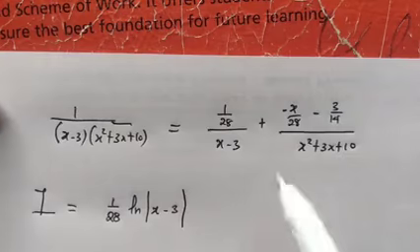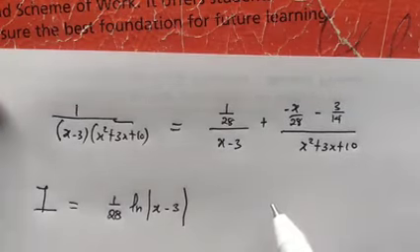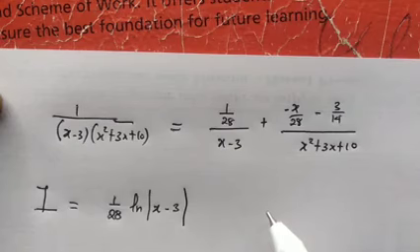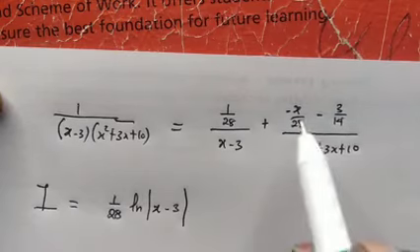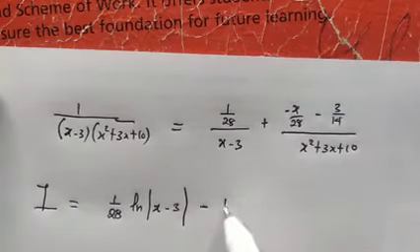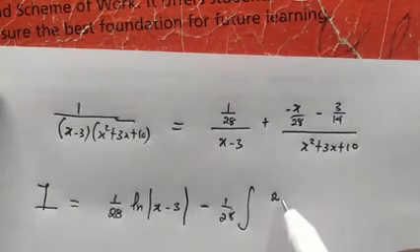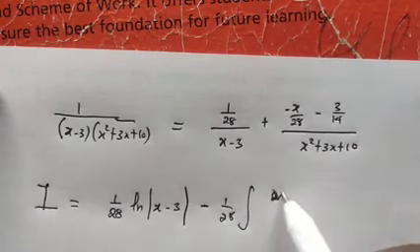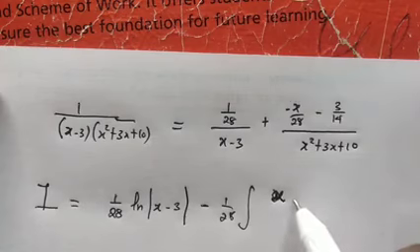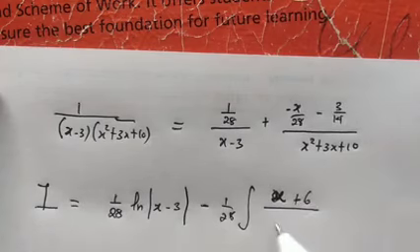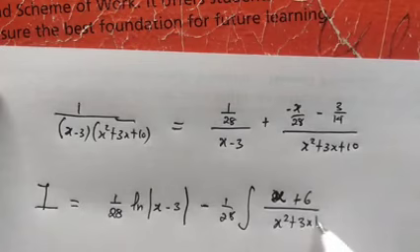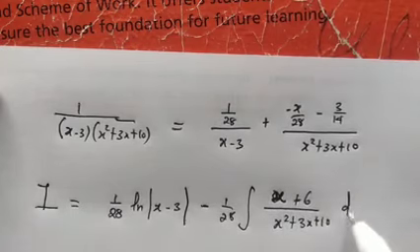So what exactly are we going to do here? We need to manipulate that nicely. If you factor out negative 1 over 28, then we're going to be left with 2x, I mean x, and then plus 6, then divided by x squared plus 3x plus 10 dx.